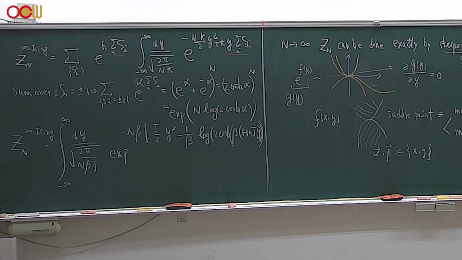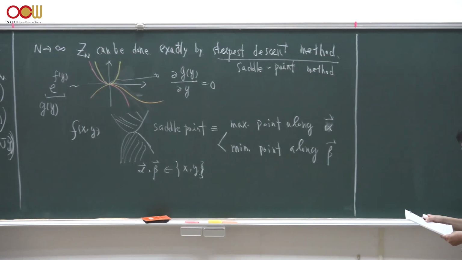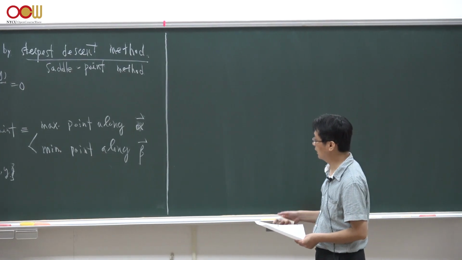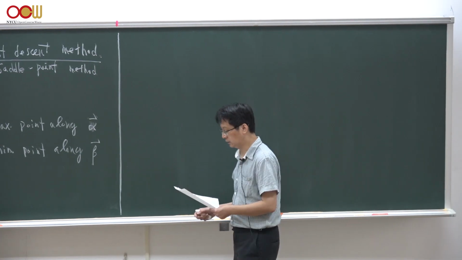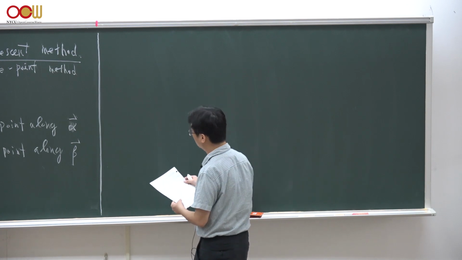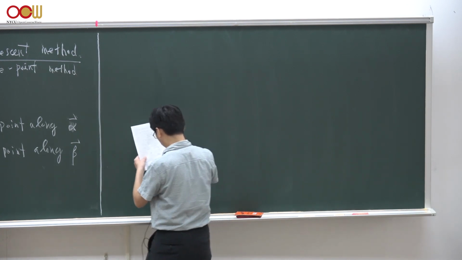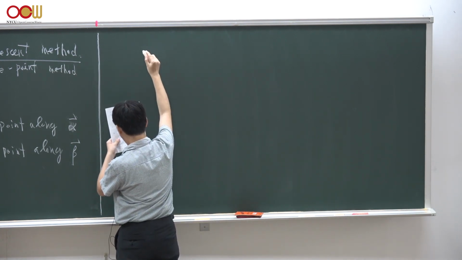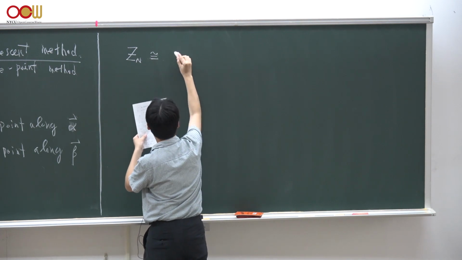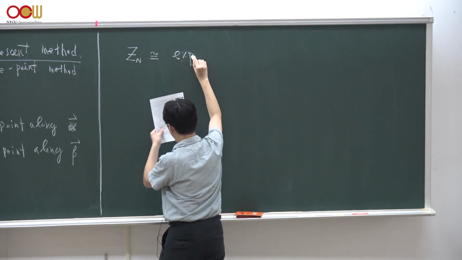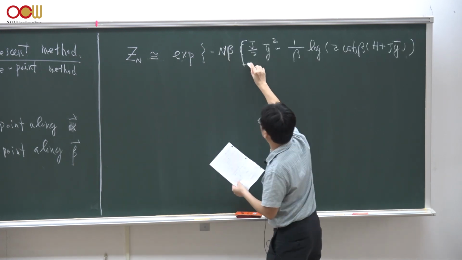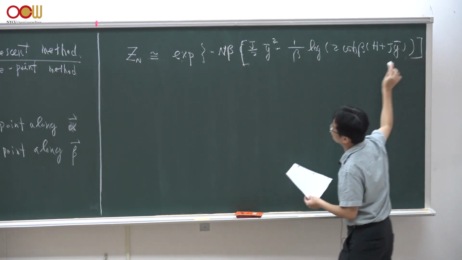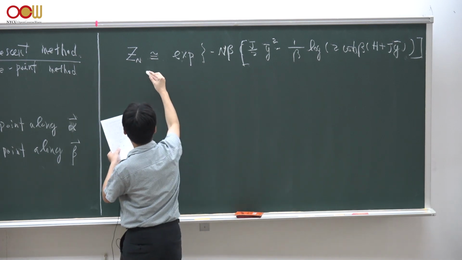Then we can use that as an approximation to evaluate the integral over dy. It is called the steepest descent method, or saddle point approximation. So we should find such a saddle point where the partition function can be approximately given by this. This approximation becomes exact in the large N limit.